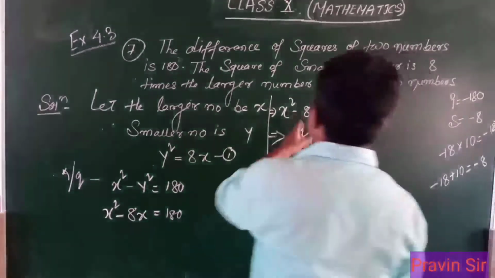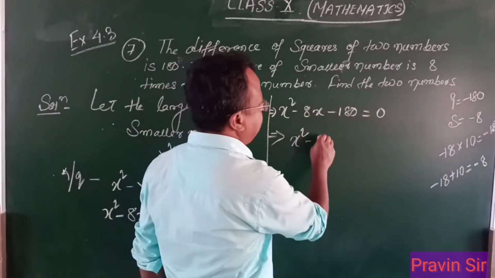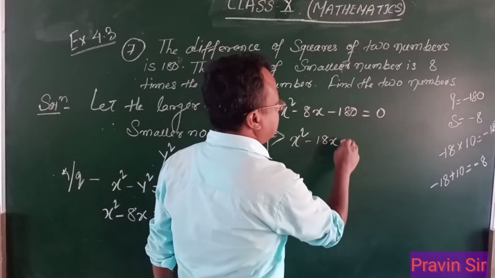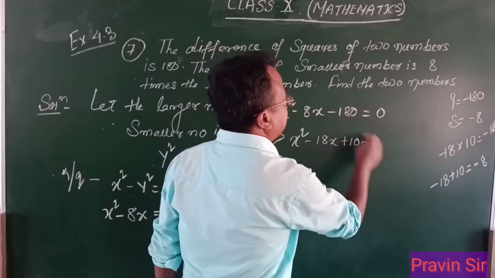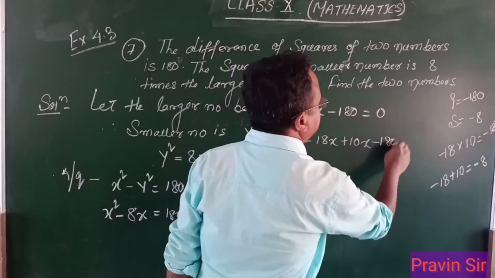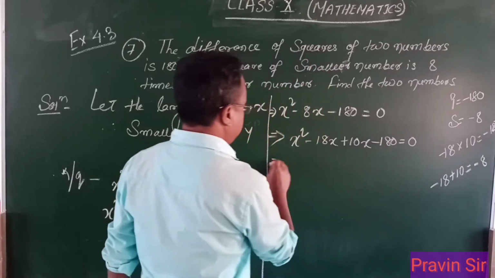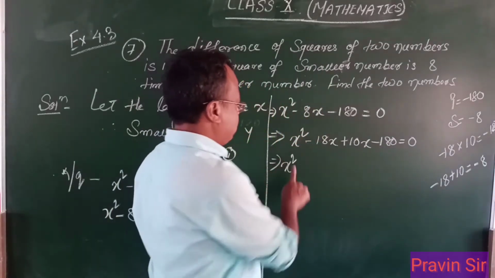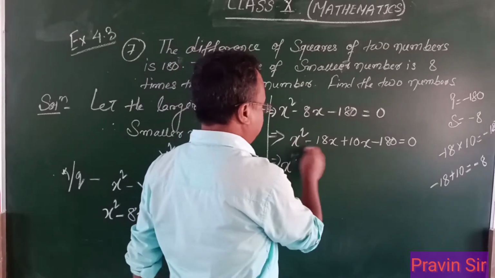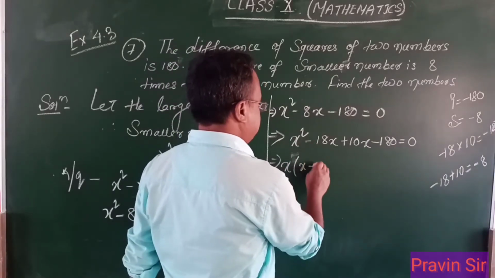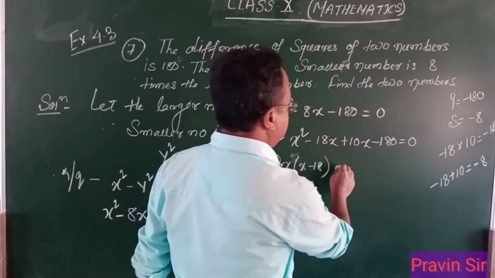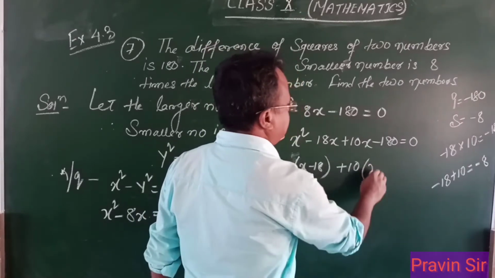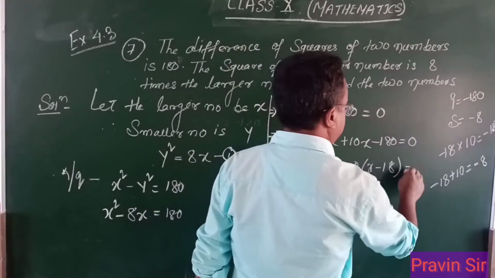So now here x square minus 18x plus 10x minus 180 is equal to 0. It implies, take x common from the first two, so x into x minus 18, and from the last two take 10 common, so 10 into x minus 18 is equal to 0.